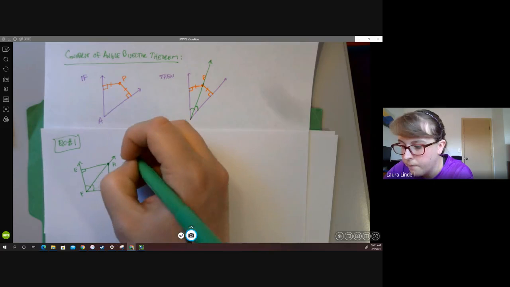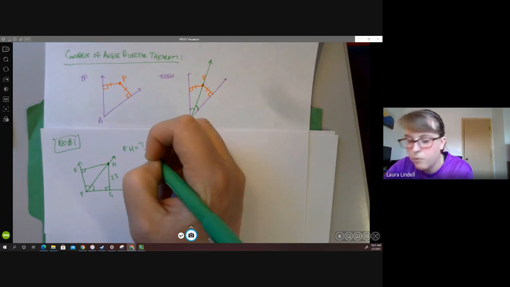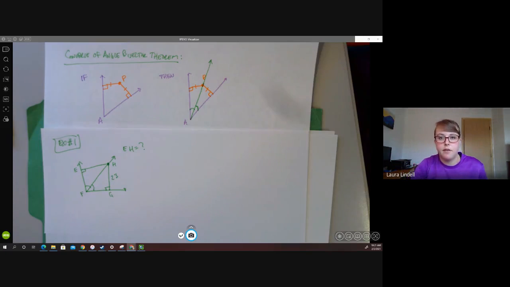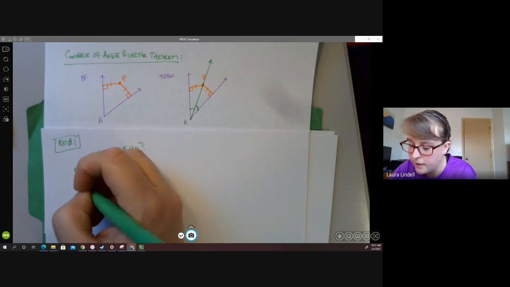And we want to know, what is the length of segment EH? And they might put on some other extra measures to fool you, like, this is 18 or something like that.